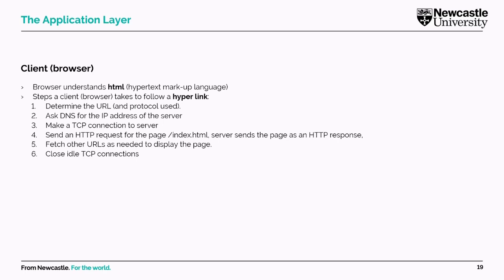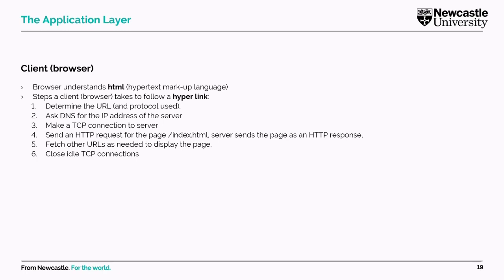So the steps the client takes to follow a hyperlink: it determines the URL and the protocol used, for example, HTTP. It asks DNS for the IP address of the server, makes a TCP connection to the server, and sends an HTTP request for the page, for the index.html or a different page within that domain.